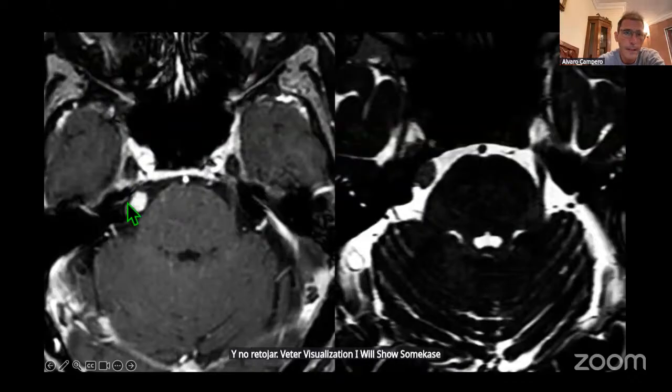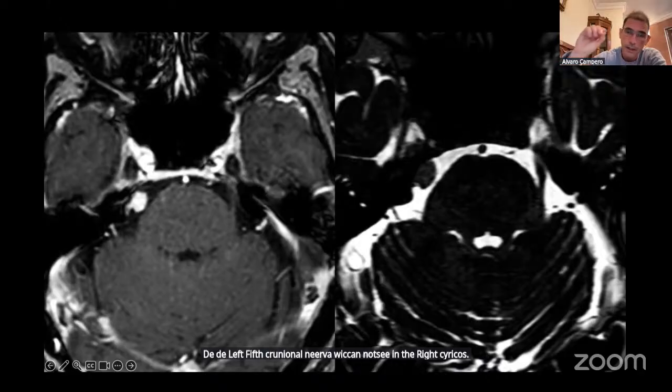This is a very small anterior petrosal meningioma in a patient with atypical trigeminal neuralgia. We can see the left fifth cranial nerve, but we cannot see it on the right side because the nerve is displaced by the tumor.